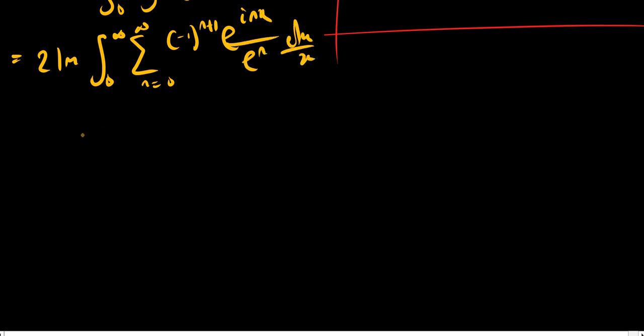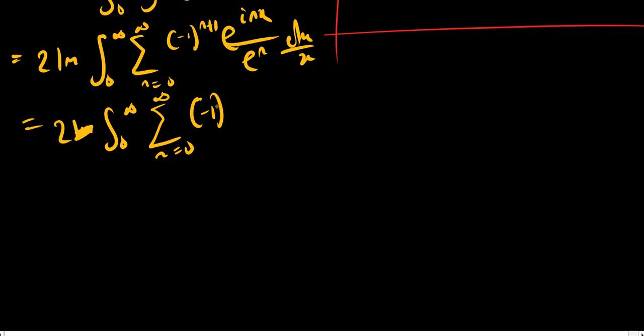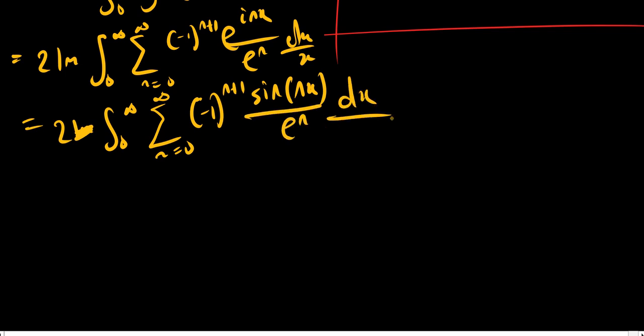So we can swap summation and integration. We can write this as twice the imaginary part of the integral from 0 to infinity of the sum as n runs from 0 to infinity. Because we need the imaginary part, we can just discard the real part and we just write (-1)^(n+1) sine of nx all divided by e^n dx over x.